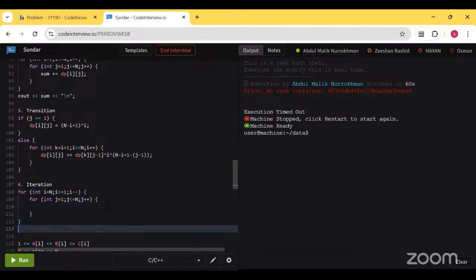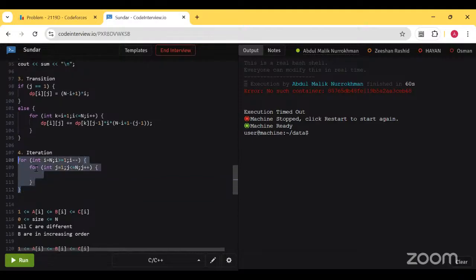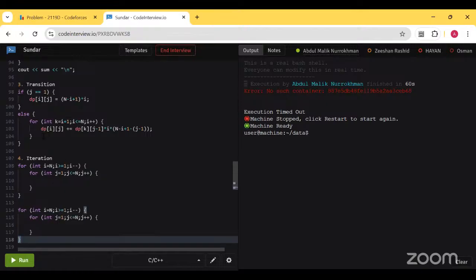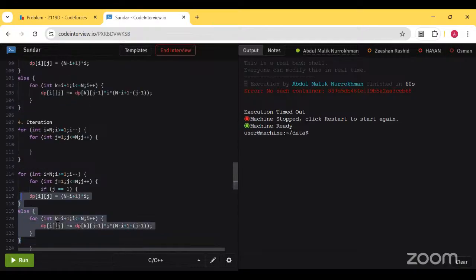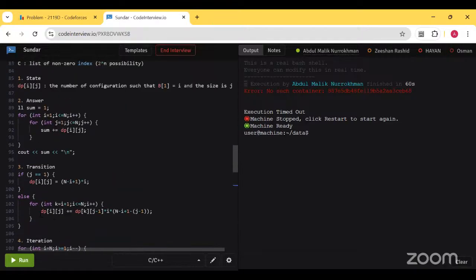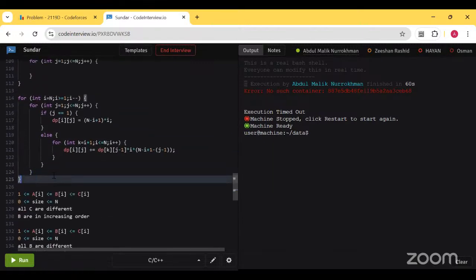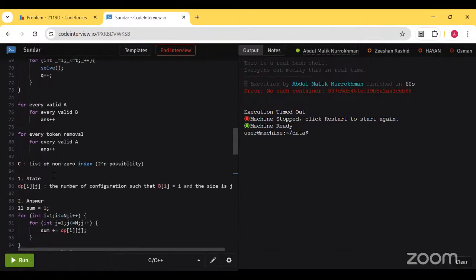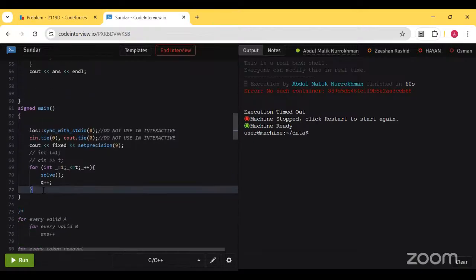What are the base cases? Actually, the base case is like this, here. No need to write down another base case. Okay, and then just combine them into one code. The code will be like this. Okay, let's check whether it is correct or not.